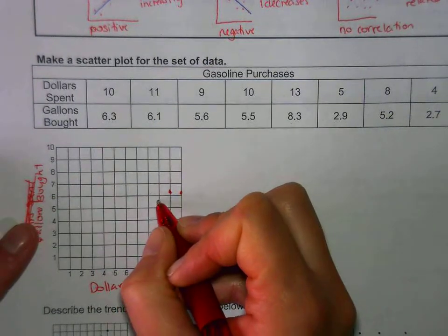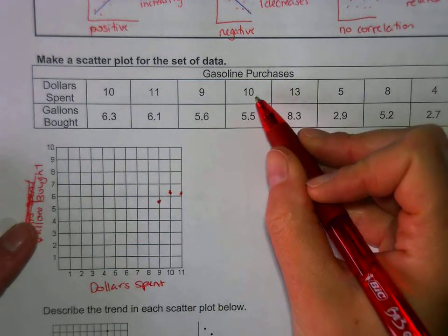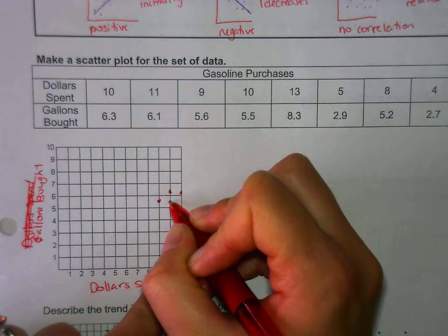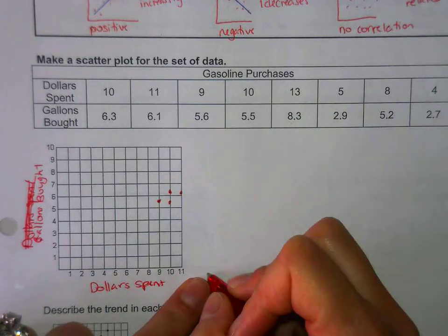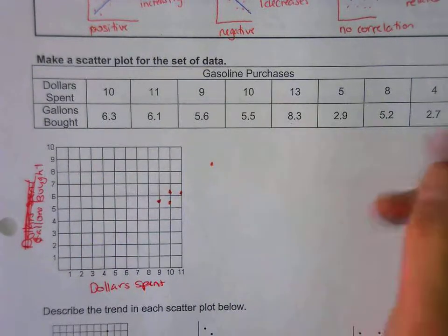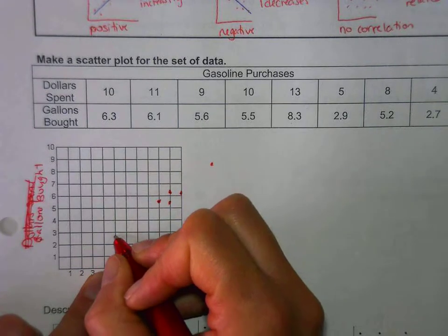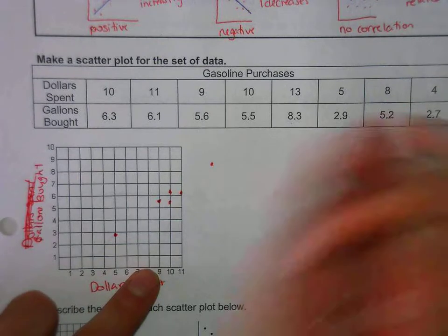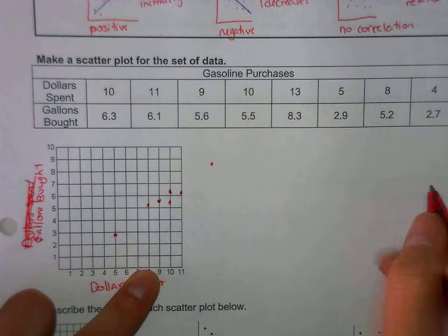These aren't going to be 100% accurate, just kind of make them as close as possible. $10 was 5.5. $13, which is going to be off the graph, would be at 8.3. $5 was 2.9. $8 is at 5.2. 5.2 is right there. And $4 at 2.7.